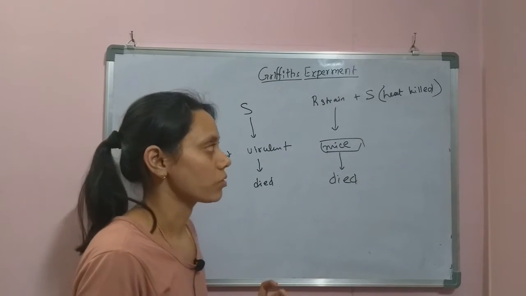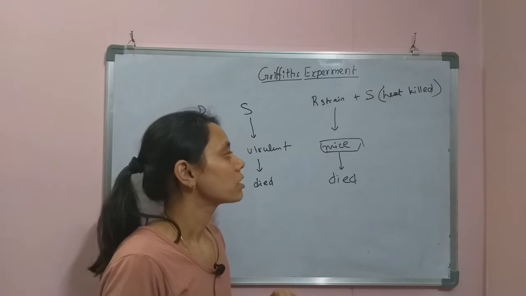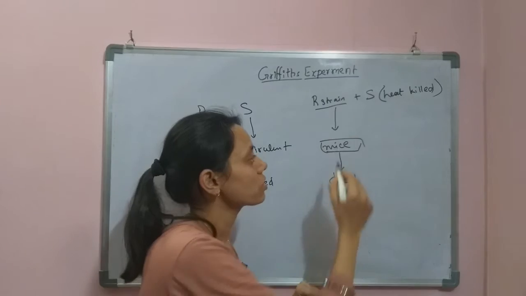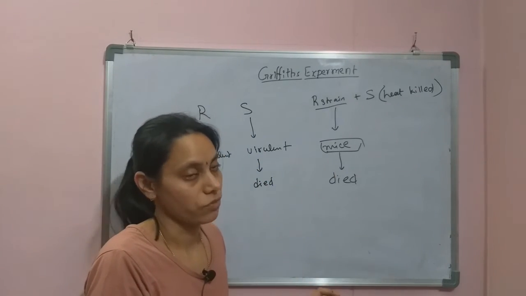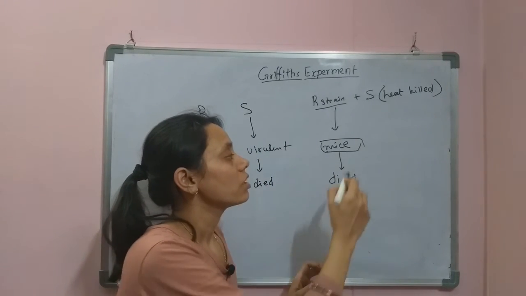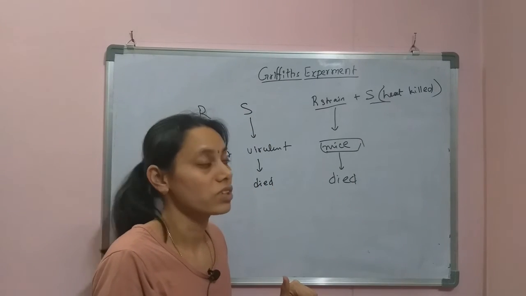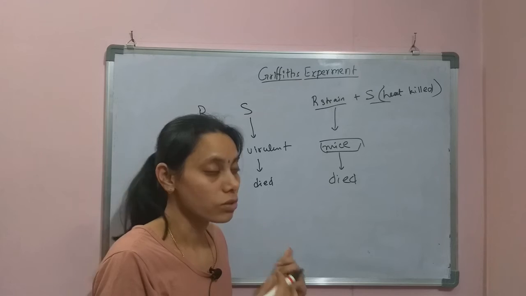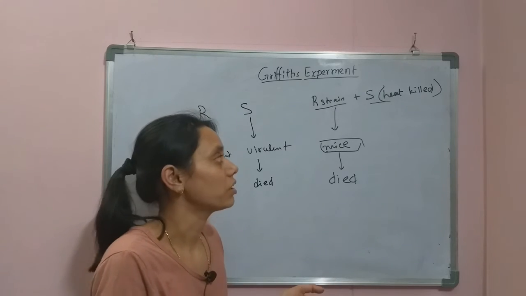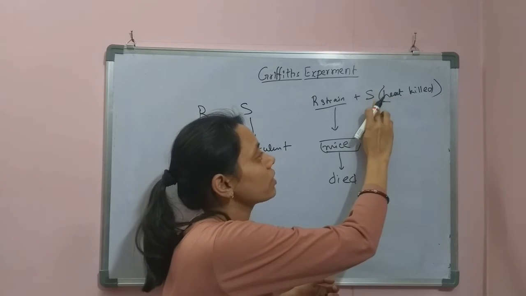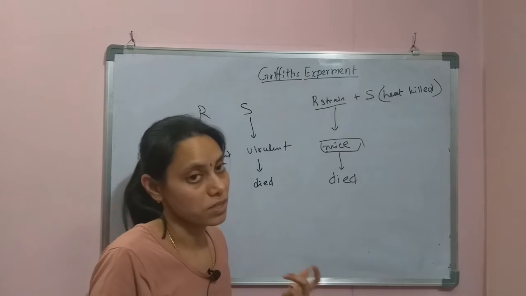And he observed that when he used only the R strain, it cannot cause infection, and when he used only the smooth strain, that is the S strain, which is heat killed, that is also unable to cause the infection. But if he used the R strain along with this heat killed smooth strain, it was able to cause infection.